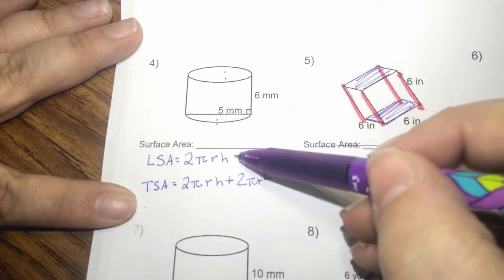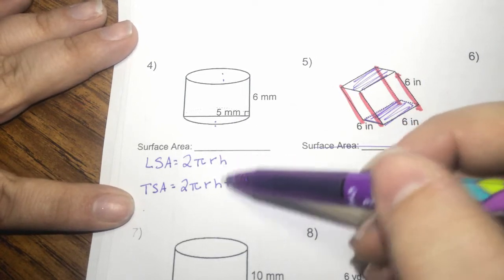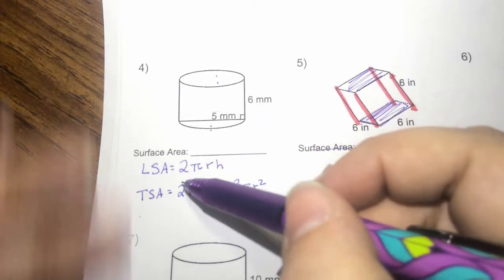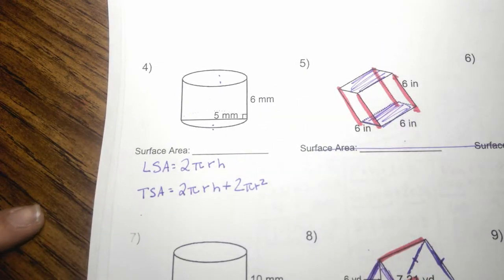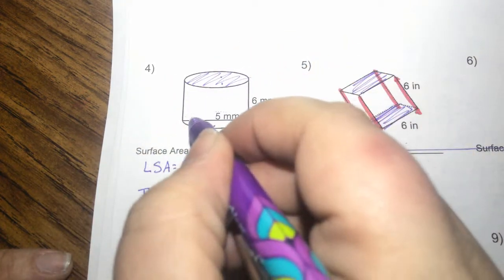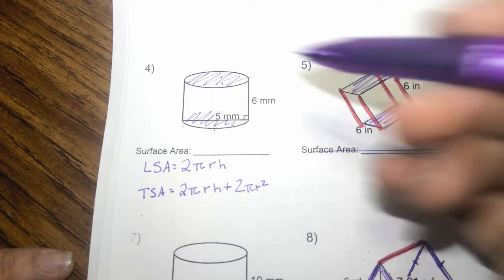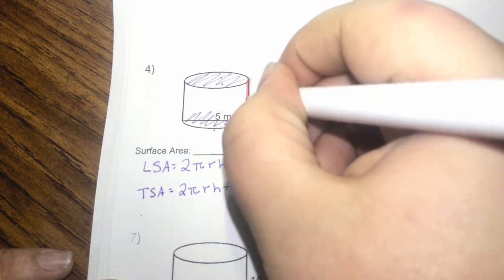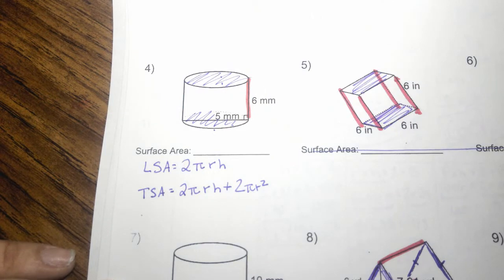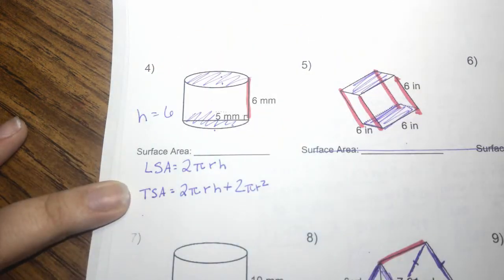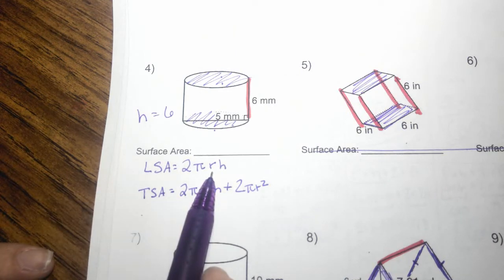So from the formula, we see that the radius and the height are missing. Those are the values that we need to fill in before we can find a numeric value for the surface areas. Remember, height is still whatever connects one base to the other. Our bases are 6 millimeters apart in number 4, so h is 6 millimeters. We also need to know the radius.